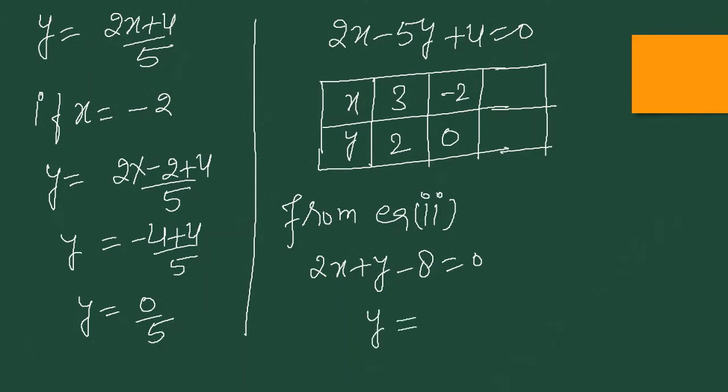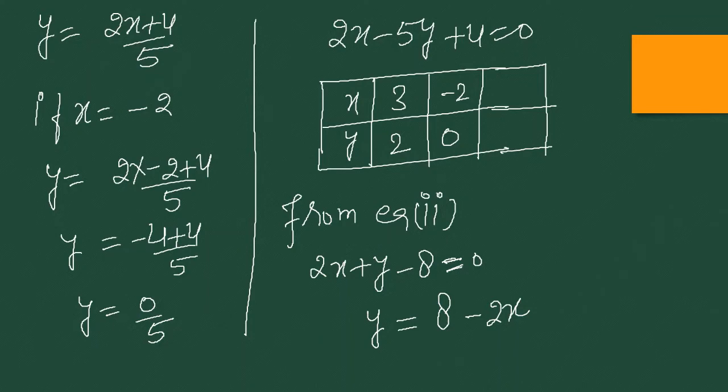So I am keeping this y here, I am sending this 8 to the other side so it becomes positive, and this 2x becomes negative. Try to keep the values 3, 2 and -2, 0 in your mind, that will be helpful for you.